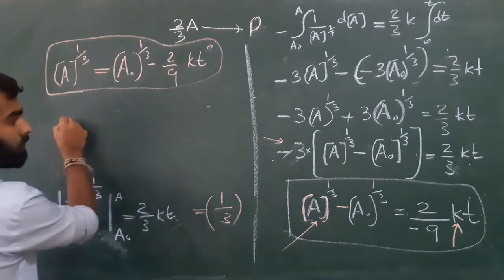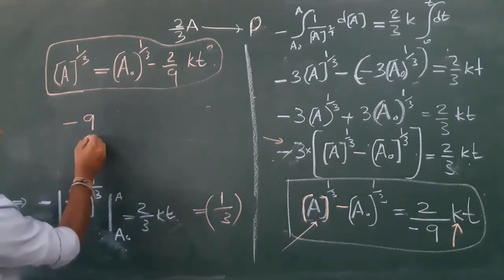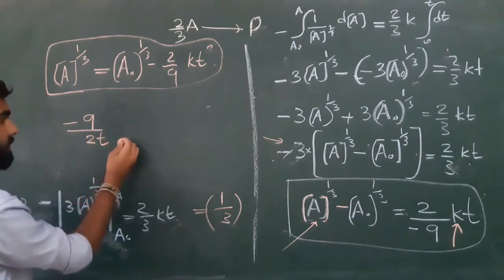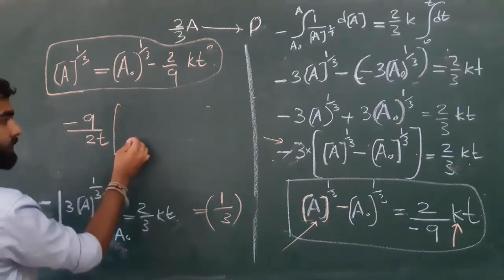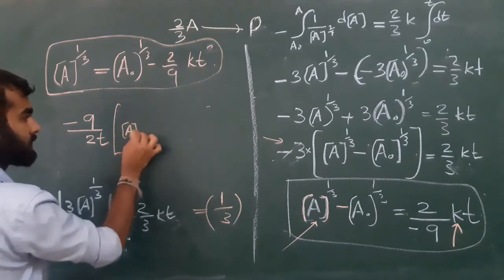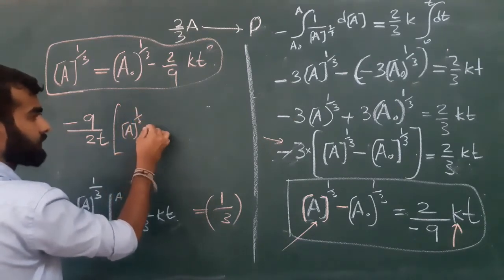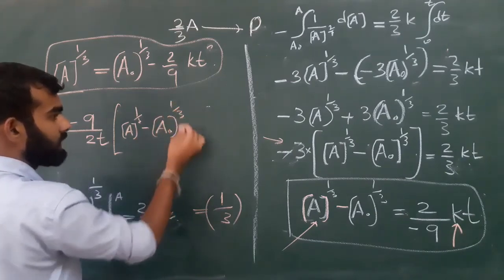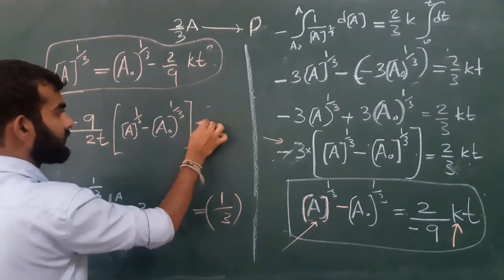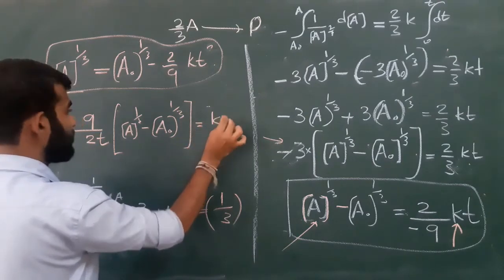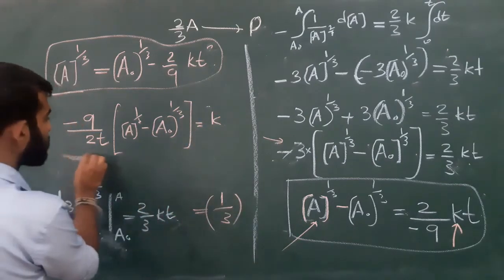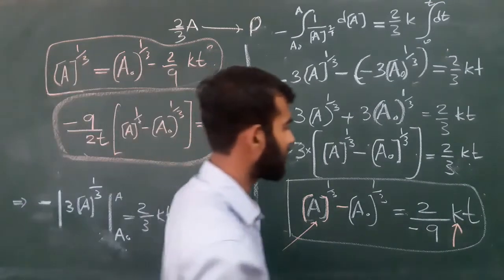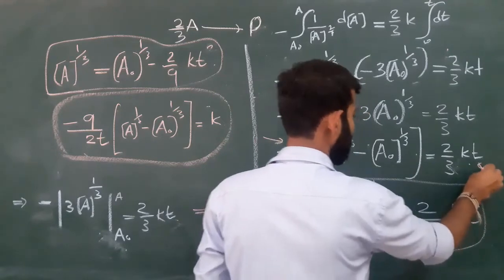Now minus 9 divided by 2 T, here final concentration power 1/3 minus initial concentration 1/3 equal K. This is the expression for rate constant, and at the same time they can ask expression for T.